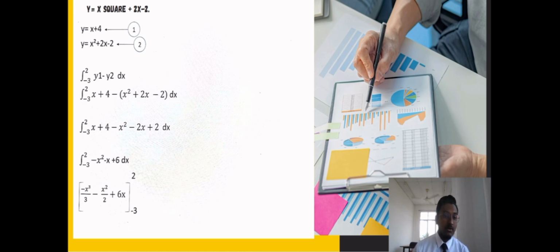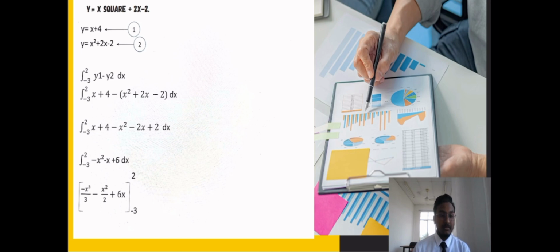Integral with the limit of negative 3 to 2, so y1 minus y2 dx. Integral with the limit of negative 3 and 2, x plus 4, which is our first equation, minus our second equation, which is x squared plus 2x minus 2 dx.